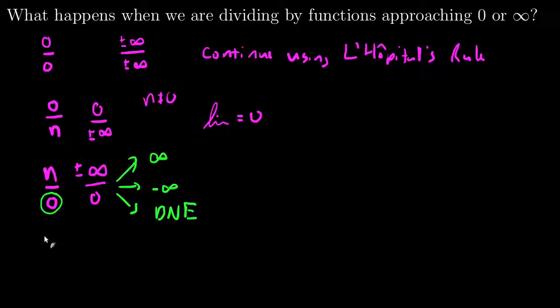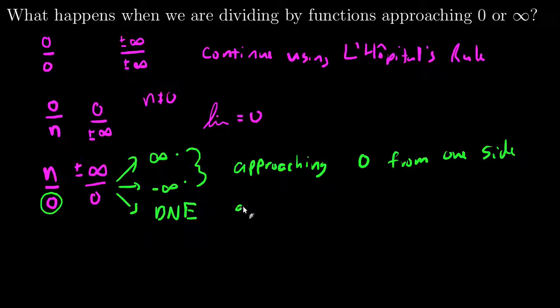So if I'm only approaching 0 in the denominator from one side, either from the positive side or the negative side, then I'm going to end up with one of these two.